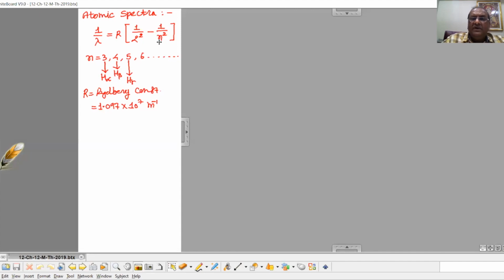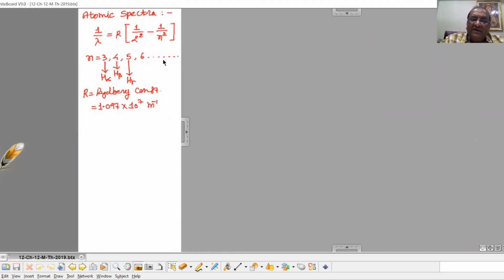When you substitute n equal to 3 and calculate the wavelength, that is called the wavelength of the alpha line. The first line is called alpha, second is beta, third is gamma, fourth is delta, like that. This is for hydrogen.